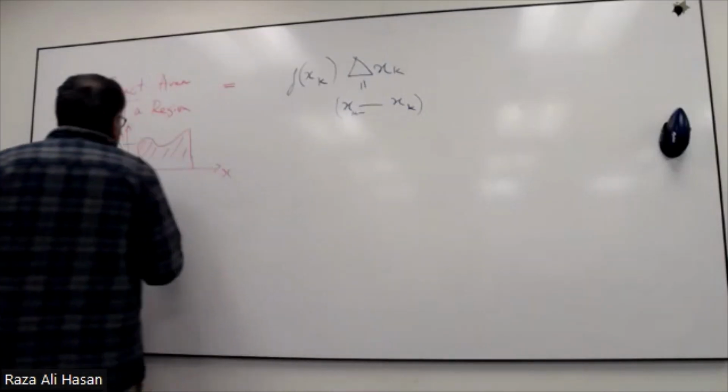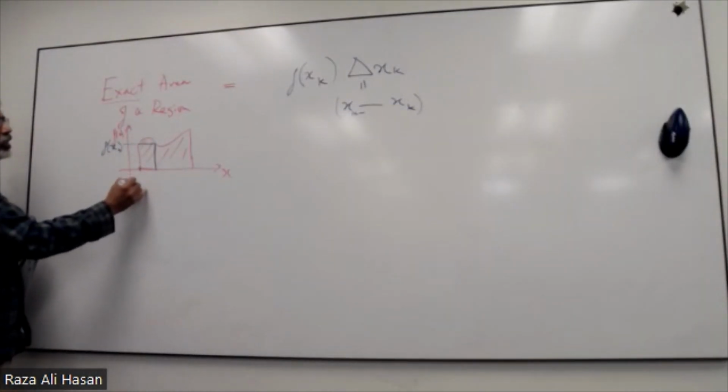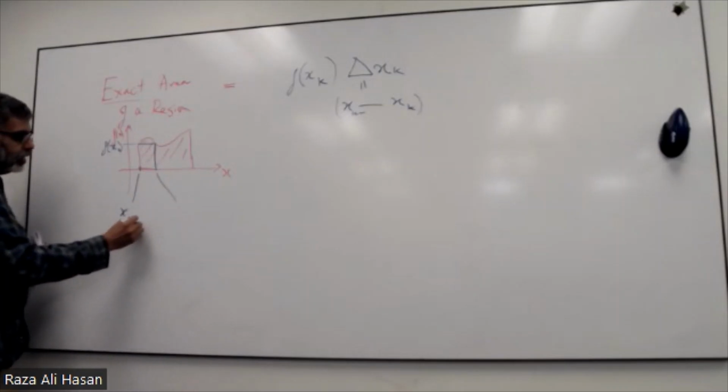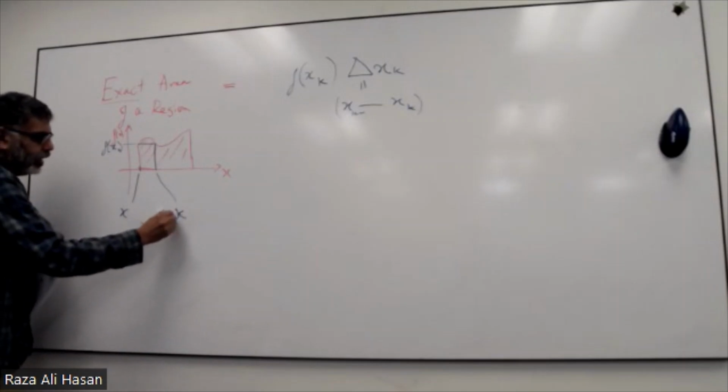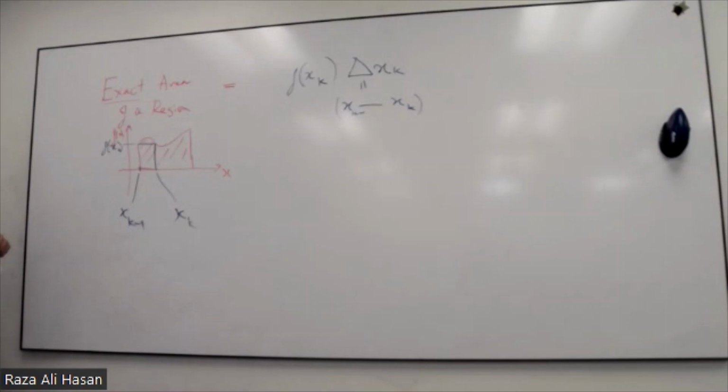Okay. So this thing here is xk, and then this is xk, and this is k minus 1. All right.